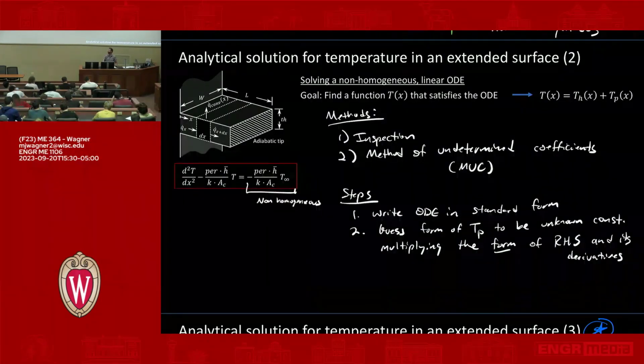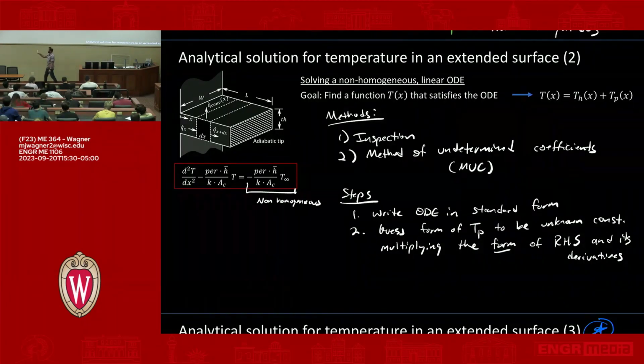Okay, that was a mouthful. I'll tell you what I mean by this. I probably should have just written that out for you. So write the ODE in standard form. That's what we've got there.